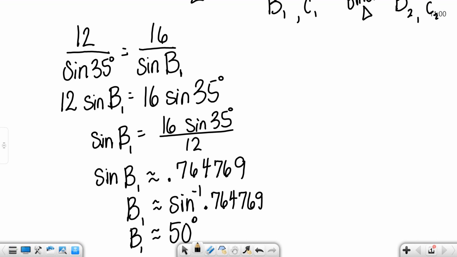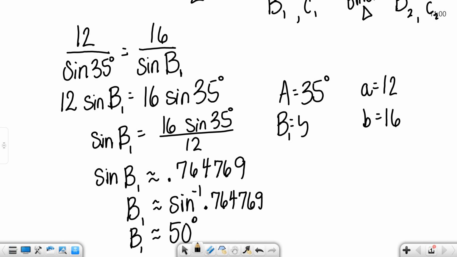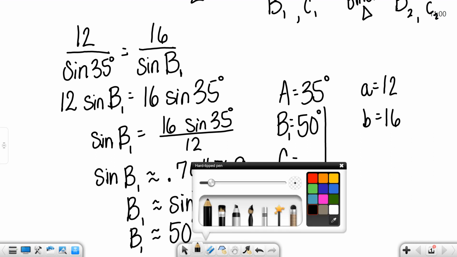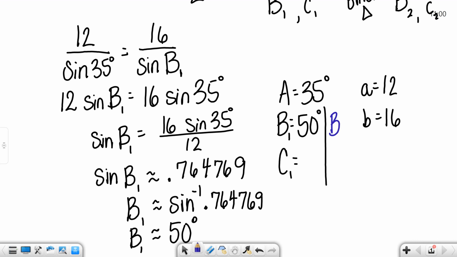Okay, so I'm going to go back and write down what I know. They gave me angle A was 35, little a is 12, little b is 16. I just found B1 was 50, and there's going to be a C1 that goes with that. Now, there is also a different big B and a different big C, and we are going to have a little c. I should have written these a little differently.